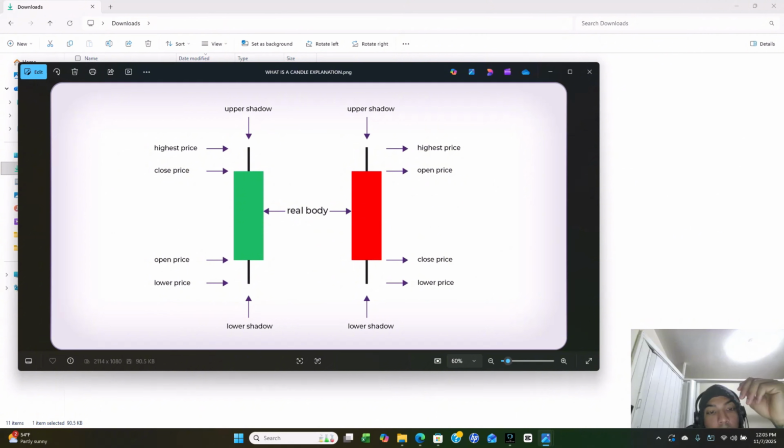And then it went to 2,000, and the body closed at 1 o'clock. At 1 o'clock, the candle closes, right? And that's when the candle is finished. It's a done deal already. The price doesn't go higher than that or lower than that.